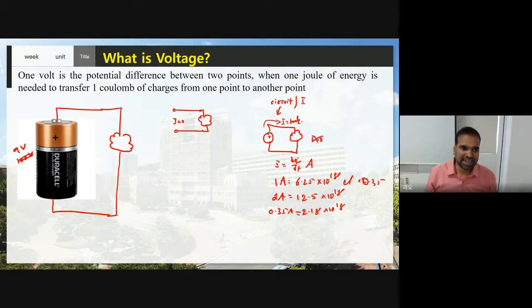Whenever I connect a connecting wire, this battery has the capability to push electrons from point A to point B. So whenever I connect a battery, the electrons move from one point to another. That means the current is flowing, so that this bulb or fan or motor will rotate or work.